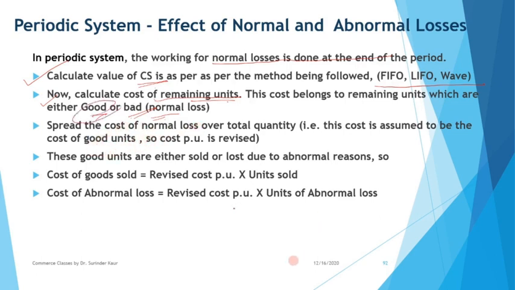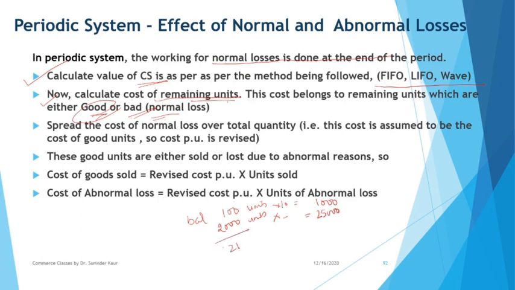So if you are having say 100 units as an opening balance at a price of say 10 rupees, 1000 rupees. Throughout the year or the accounting period, you acquired 2000 units at varying prices and the total cost of 2000 units is say 25,000.